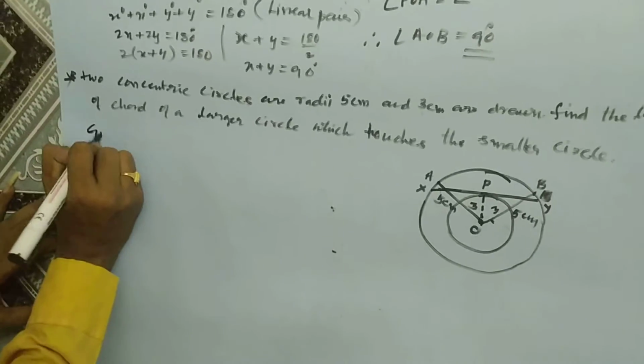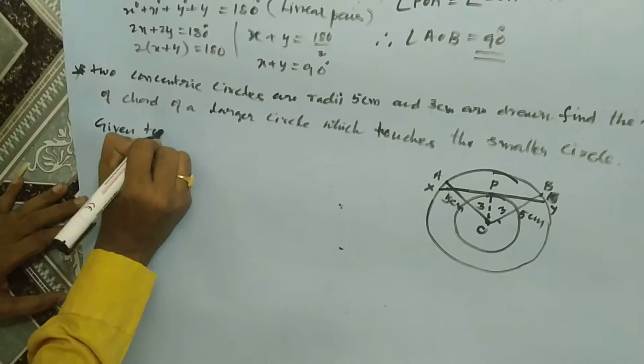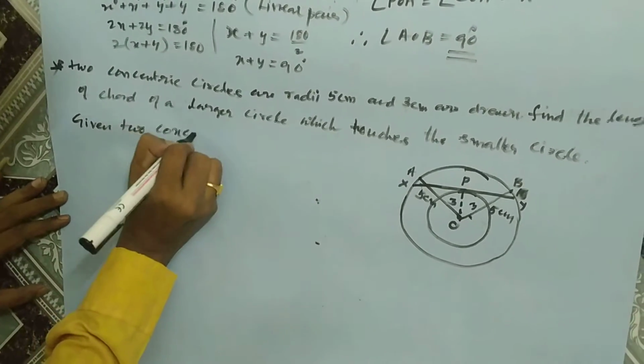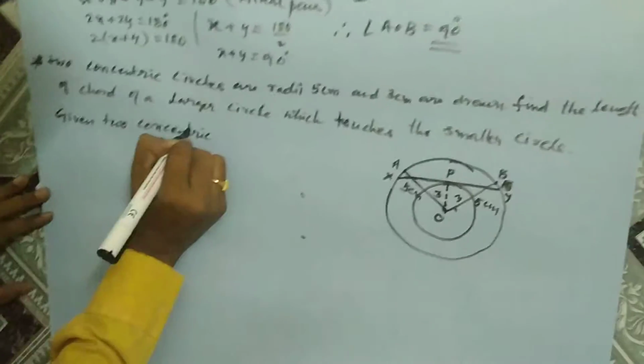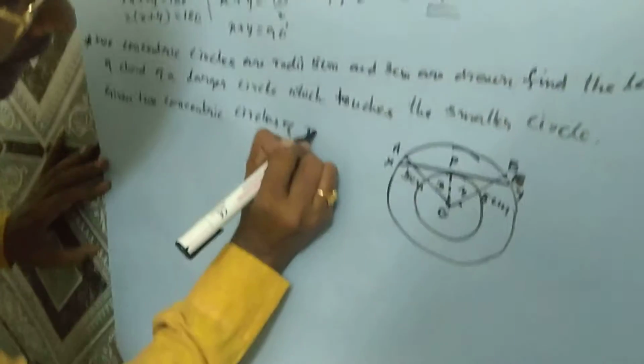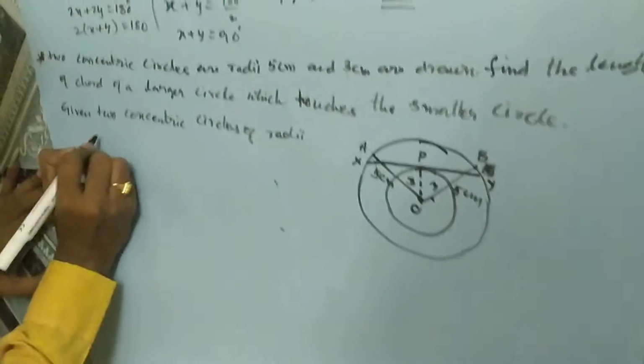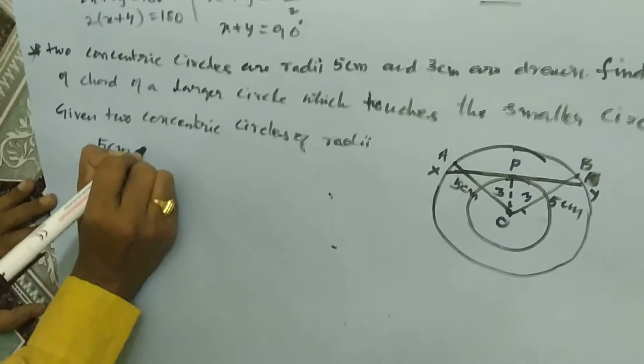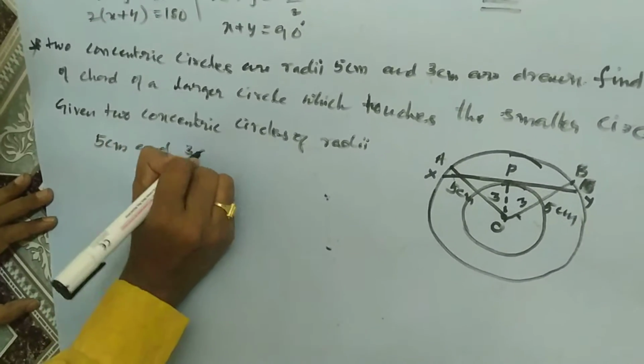Given: two concentric circles of radii 5 centimeters and 3 centimeters.